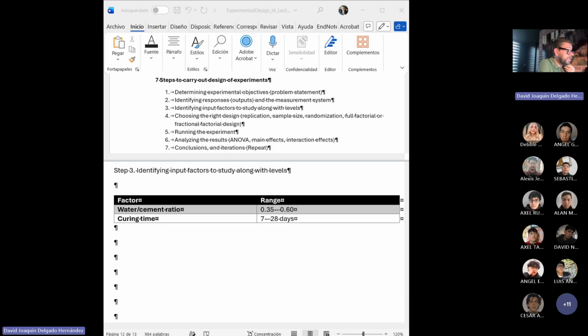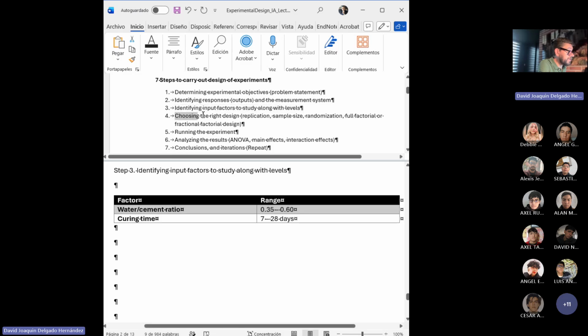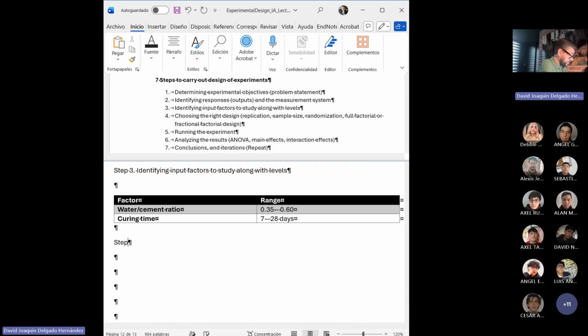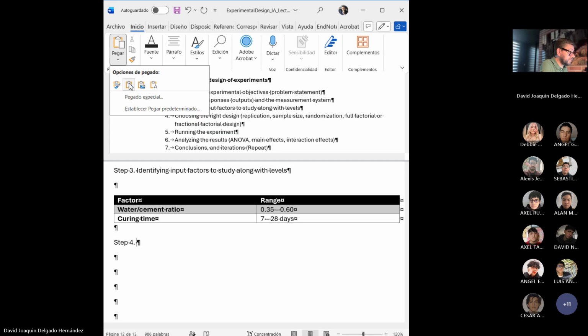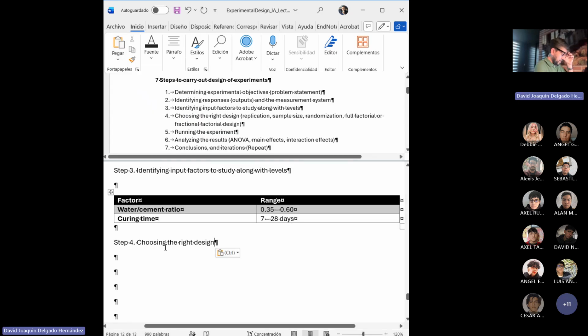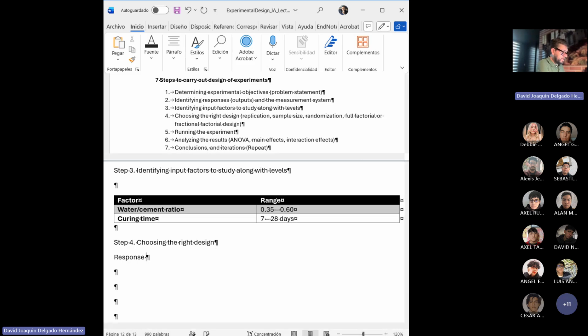Okay, so number 4, choosing the right design. Okay, let me copy this. Number 4, step 4. Paste. Choosing the right design. In this case, we are going to use the response surface method, which acronym is RSM.